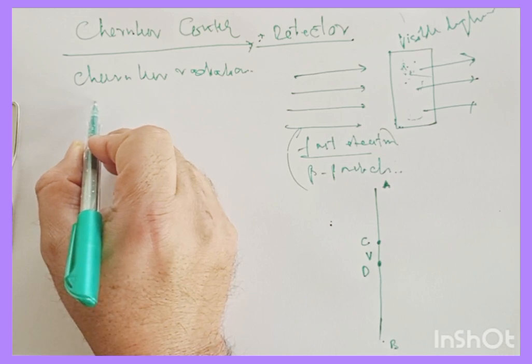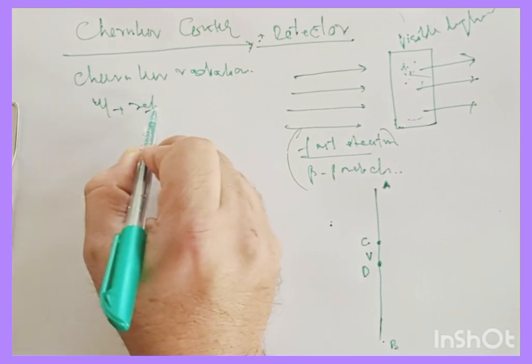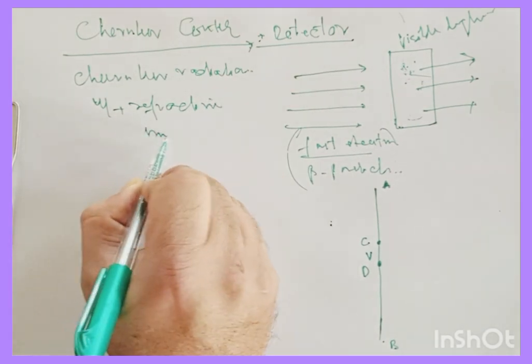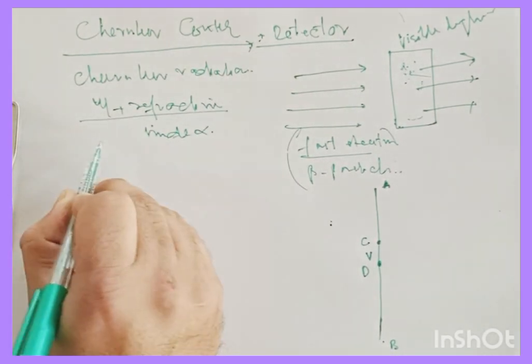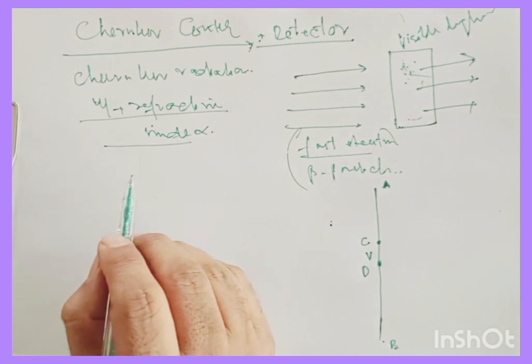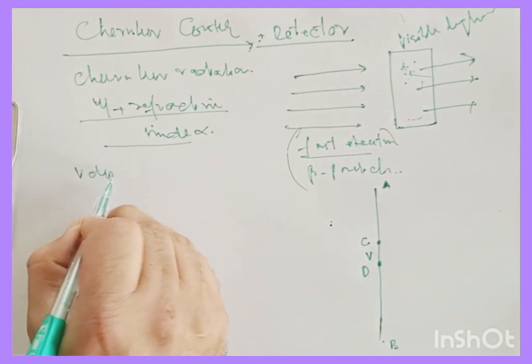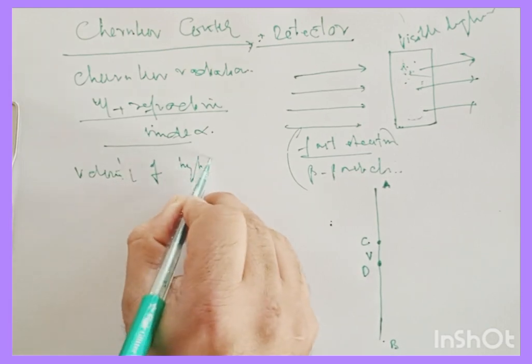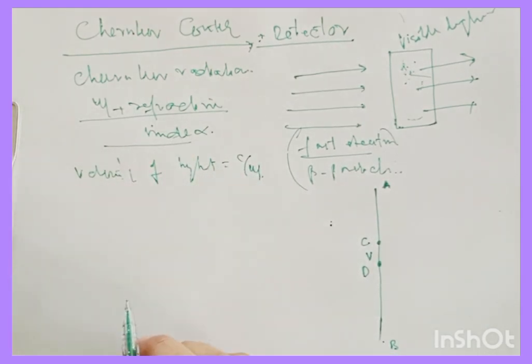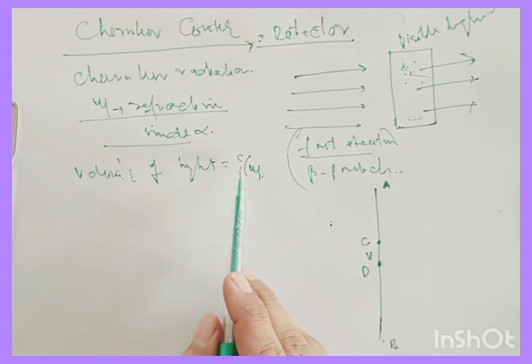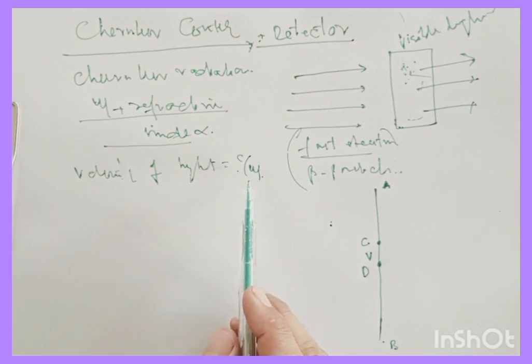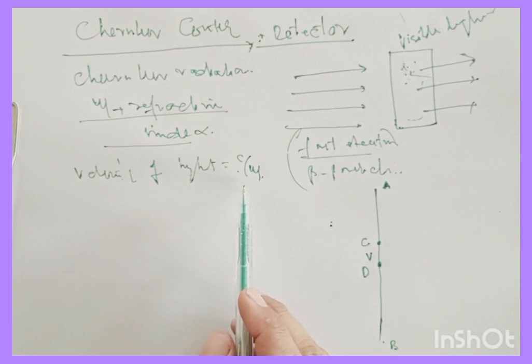If I choose mu as the refractive index, then the velocity of light in this medium will be c by mu. That should be clear. We understand that c is the speed of light in vacuum, and mu is the refractive index of the medium that we have chosen, and it has a dependence on the wavelength of the light.